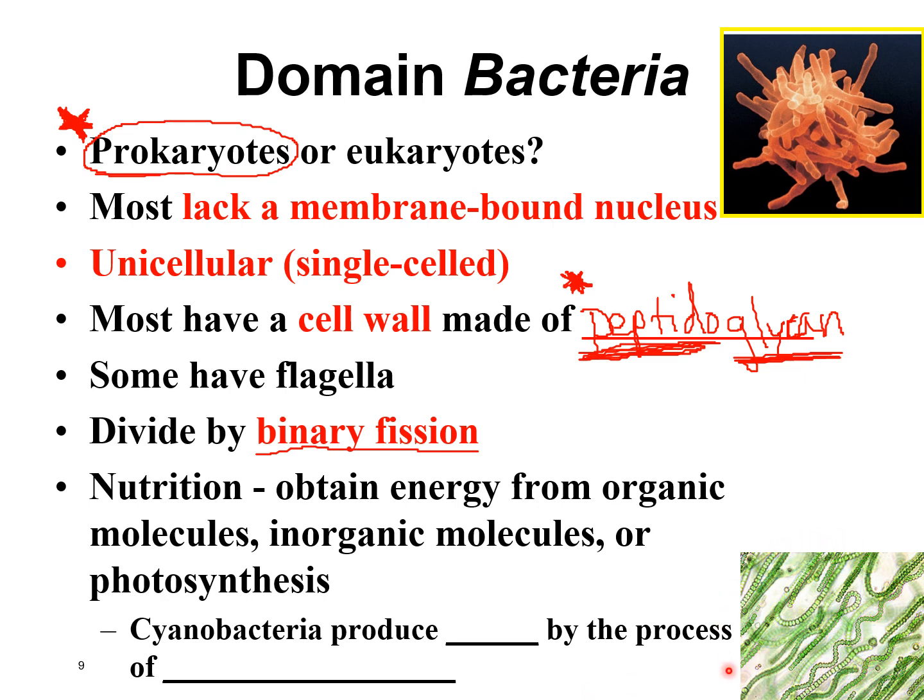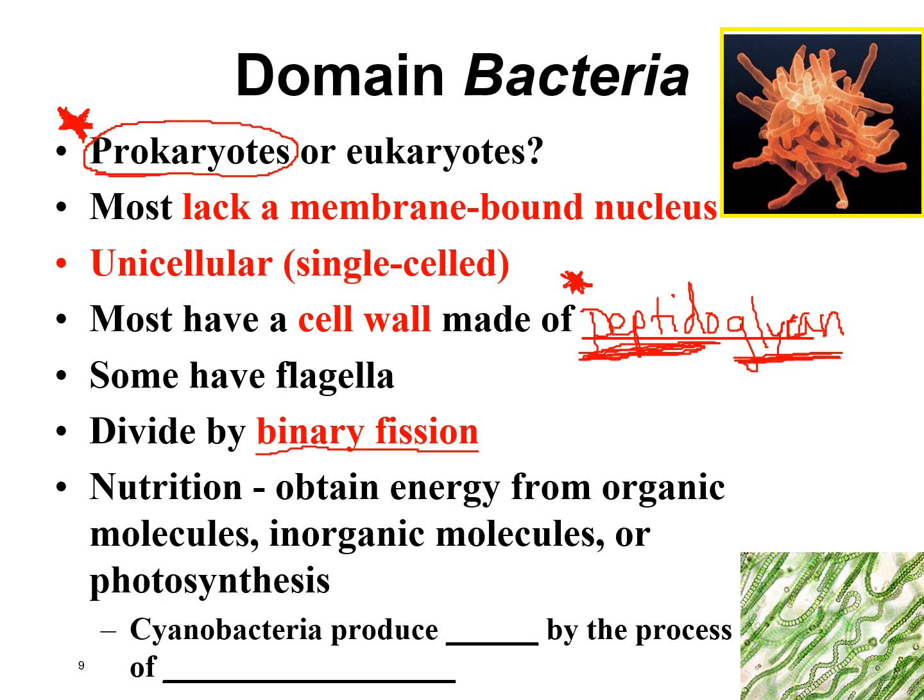We've got some cyanobacteria. Cyano means blue-green, talking about their color. And the reason that they're that color is because they have chlorophyll in them. Remember, chlorophyll is the photosynthetic pigment that's used to capture the sunlight. Do not tell me that the cyanobacteria have chloroplasts, because they do not.